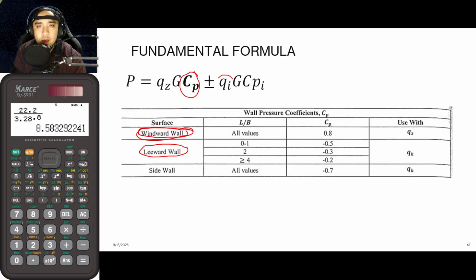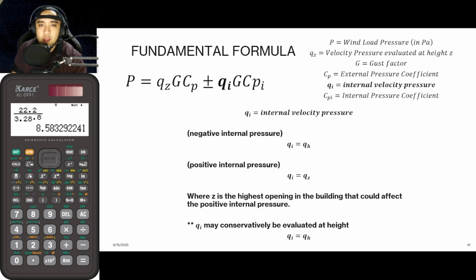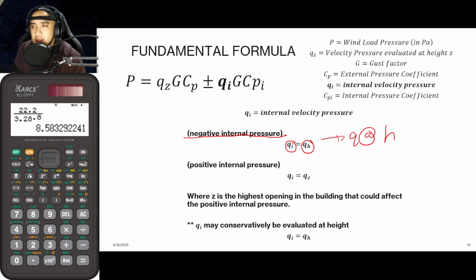So for Qi, this is the value of Q that we will be making use of in order for us to incorporate the internal pressure. So going here, if we are to solve for the negative internal pressure, Qi is equal to Qh. What is Qh? That is the value of Q at height H. And in our case a while ago, this is h min.